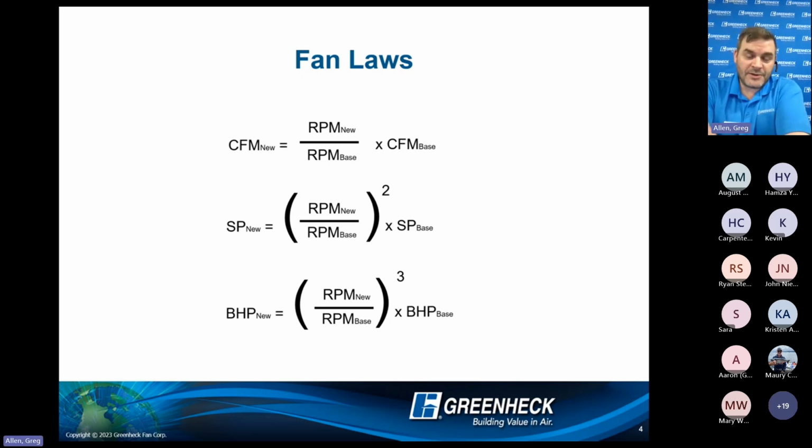When you see BHP or brake horsepower, that is the horsepower consumed at the point of operation. So if I have a fan that's got a 5 horsepower motor, and it currently is at a brake horsepower of 3.2, great. I've got more horsepower than I need, which is much better than the other way around.